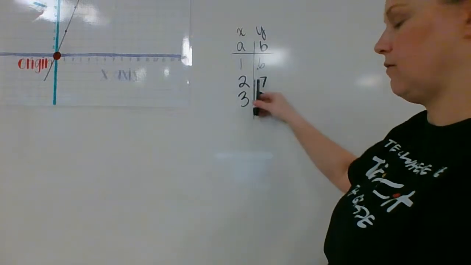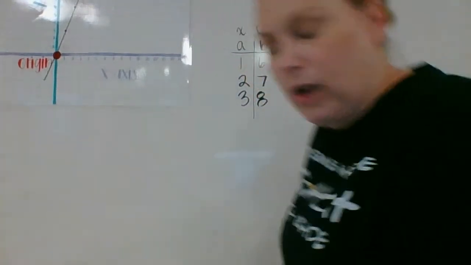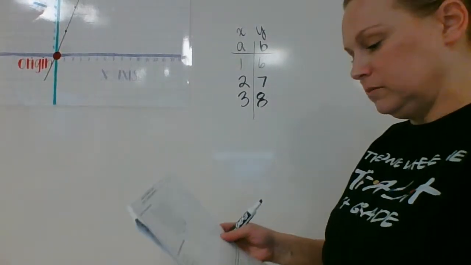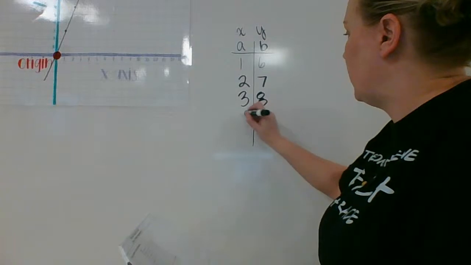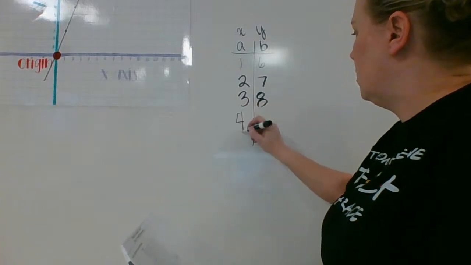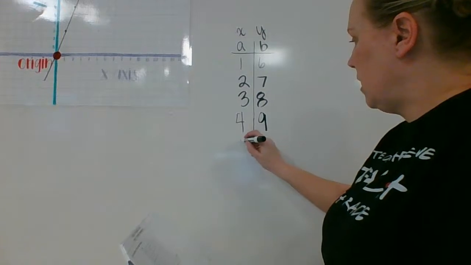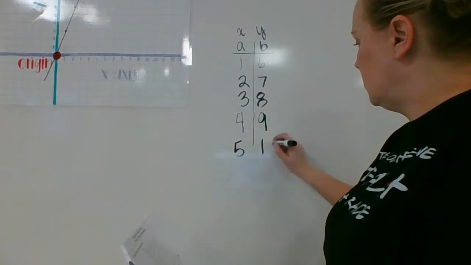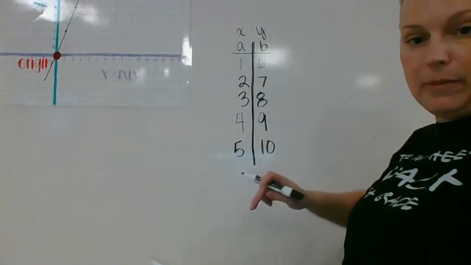So what's our process rule? If we go over 4, we should end up at 9. I think I found a pattern. And 5, 10. So what rule is happening?